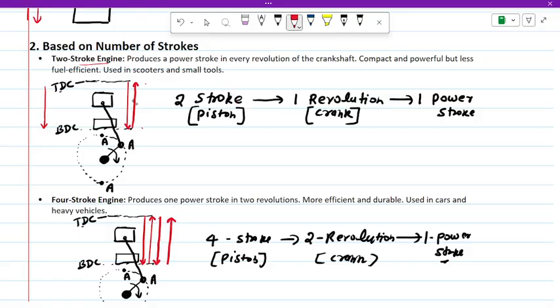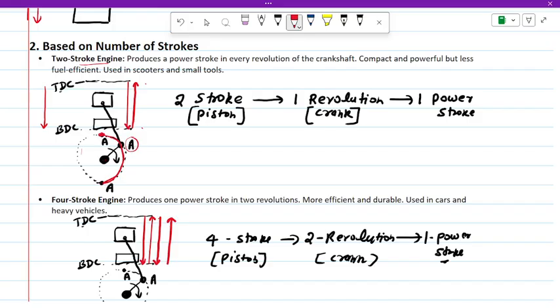In this case we can see the crank will revolve only one time, meaning one revolution. If the crank point A is at this point, then the piston will be at the top. Again this point moves half of this imaginary circle.